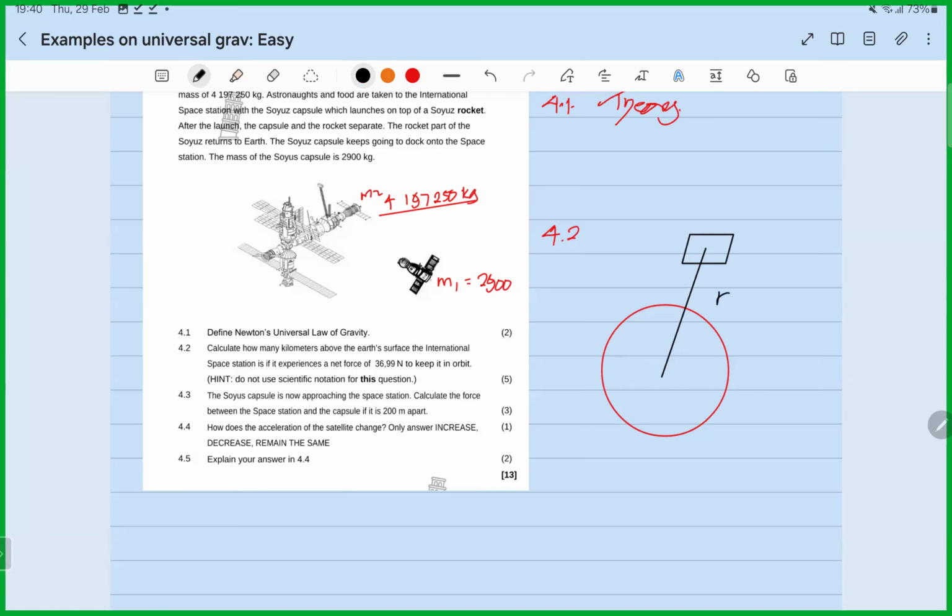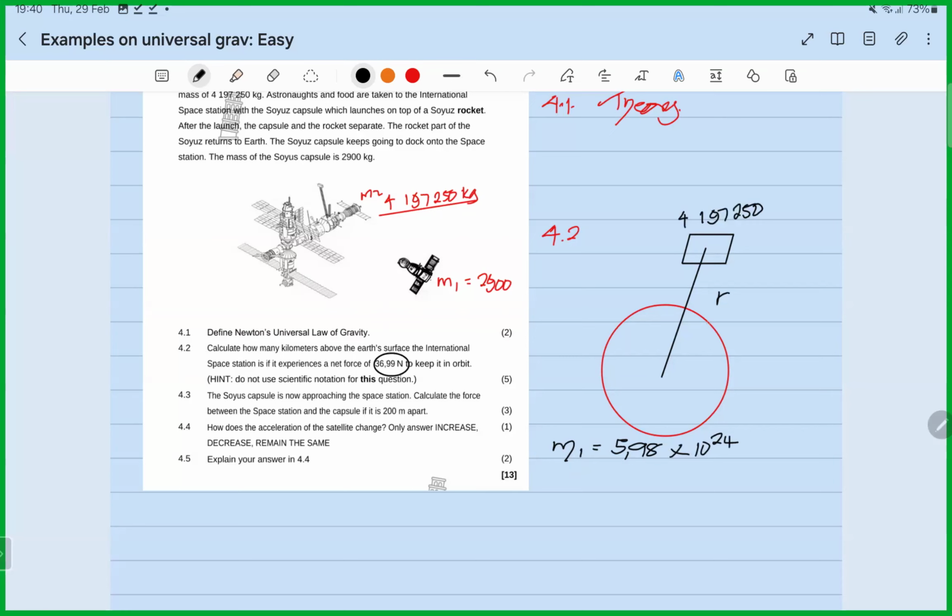And we need the mass of the Earth, which we already know. We can't not write this in scientific notation. But the mass of that space station is 4197250. And we're going to work out R when the force on the space station has dropped to 36,99 newtons.